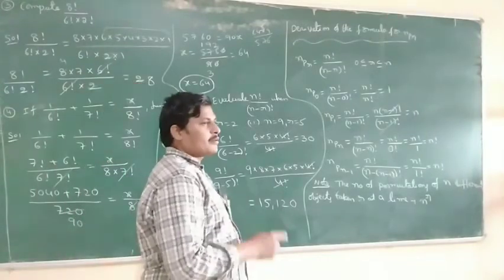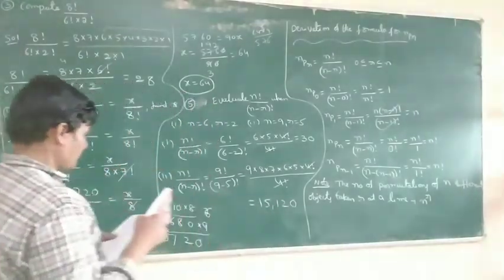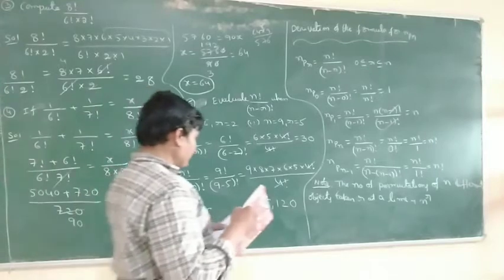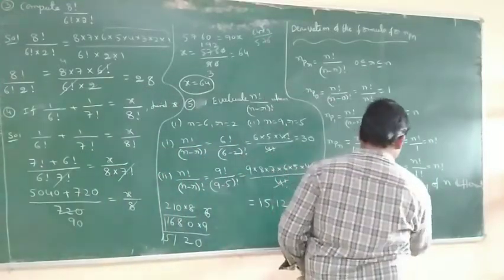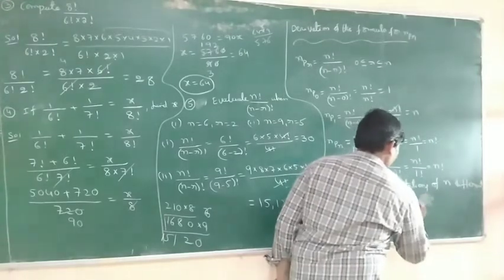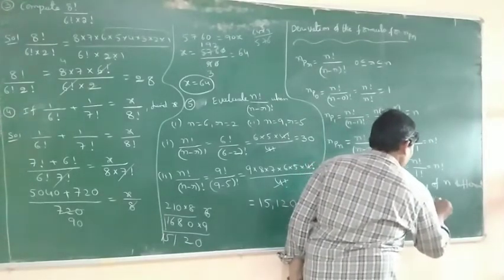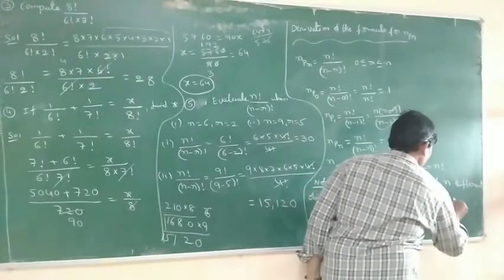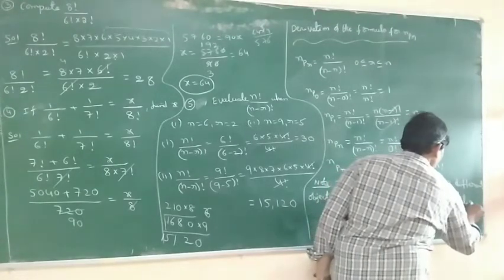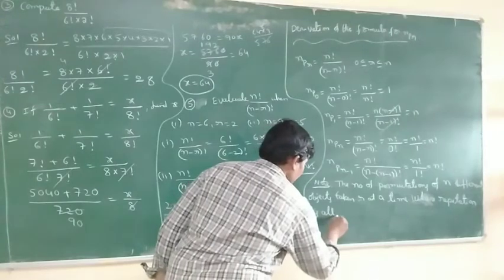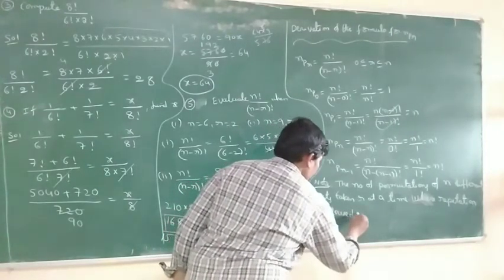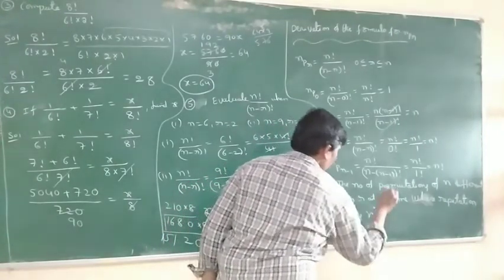With repetition, the formula is n power r, where repetition is allowed.